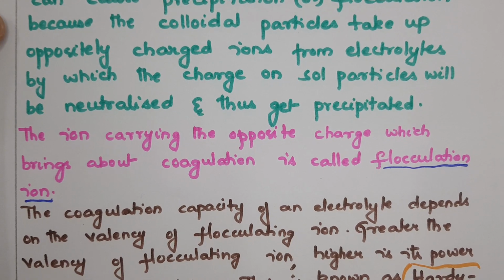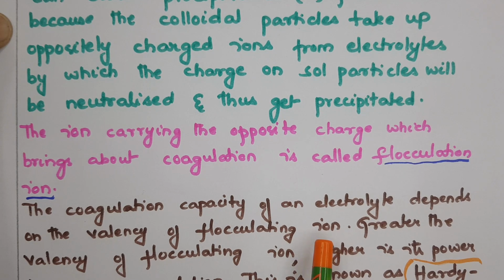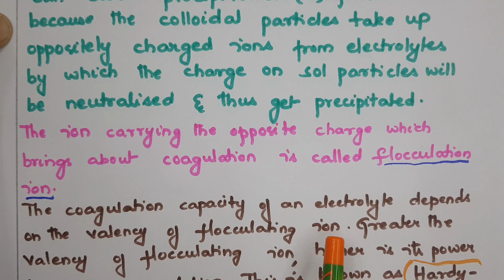It is the valency of the flocculating ion, students. This you should remember. So the valency of the flocculating ion influences the coagulation capacity of an electrolyte.